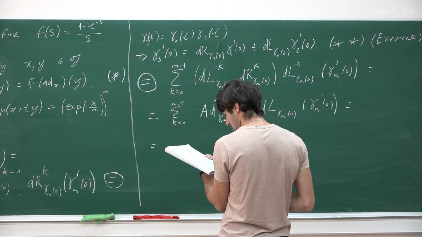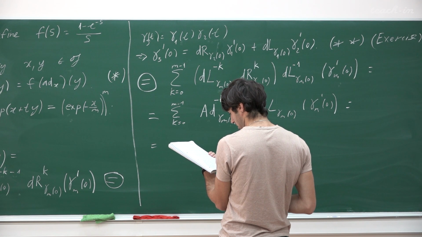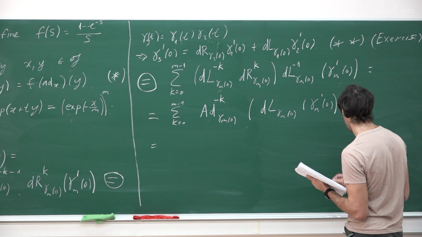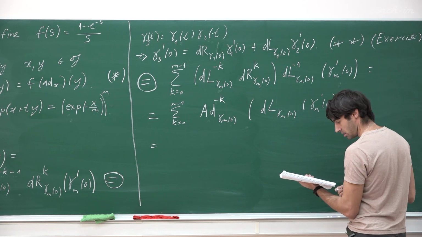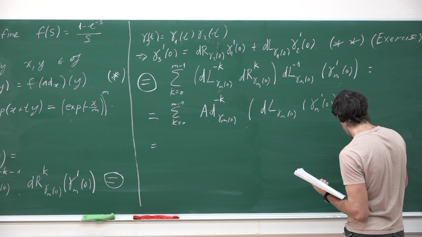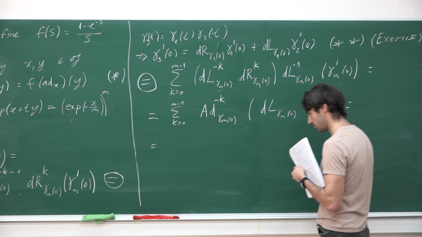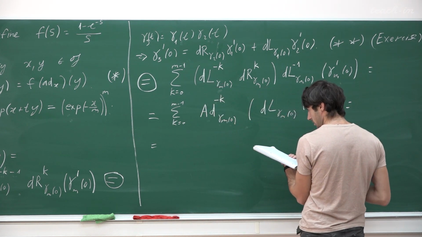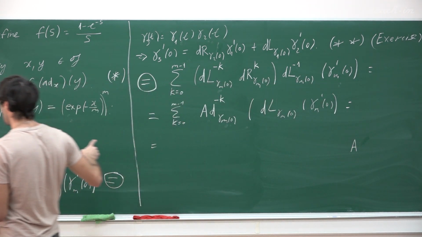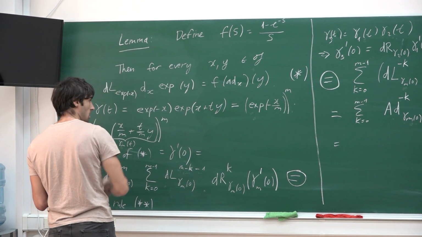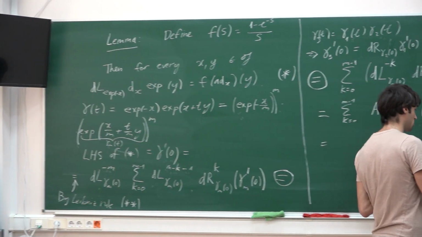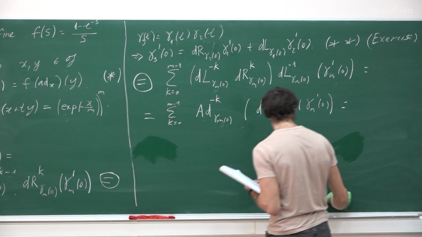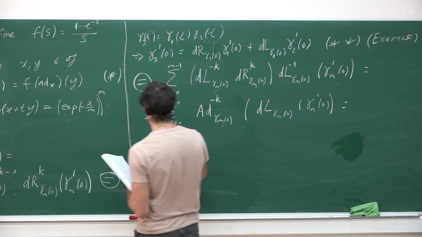So remember that we had this, Ad at gamma m of 0. So we should recall what gamma m of 0 is. So here's the step. What is it?